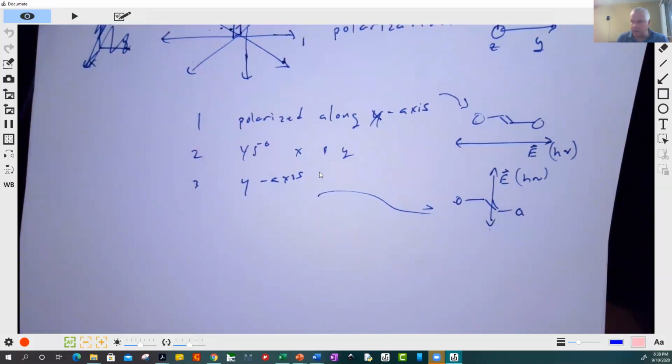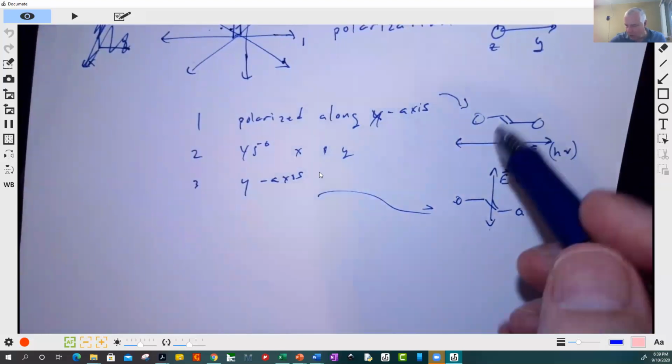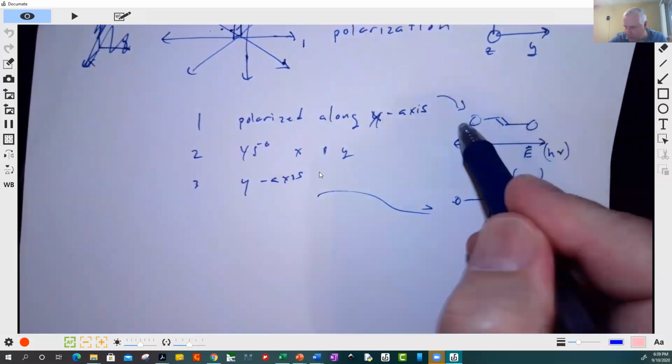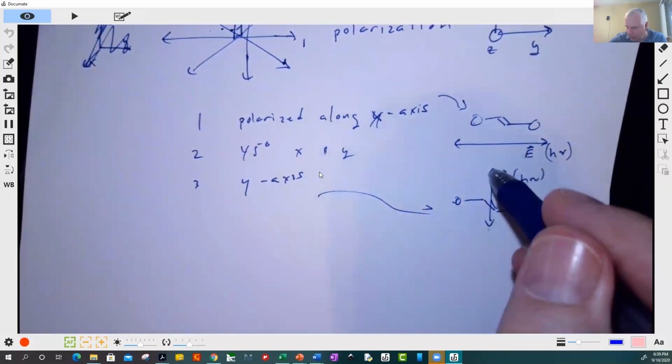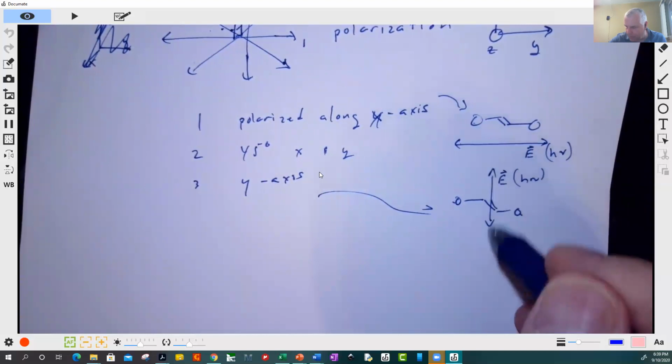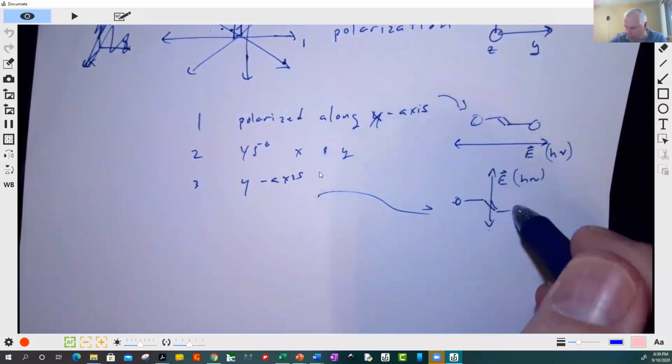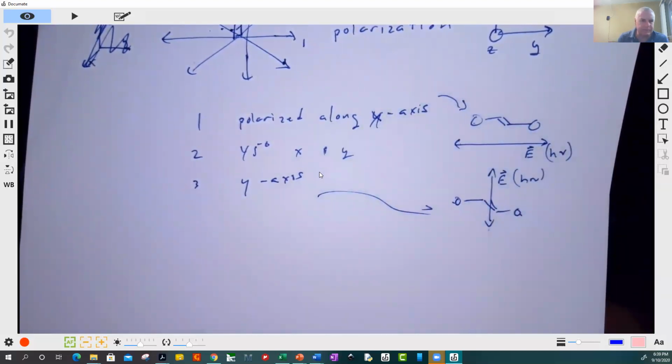Who can answer that question? Just throw out an answer, right? Whether it's 2 has an equal likelihood of interacting or not. So it's really 1 or 3 that has the highest likelihood of interaction to separate charge along this axis. And it's if the E field of the light is orthogonal to that axis or if it's along that axis.